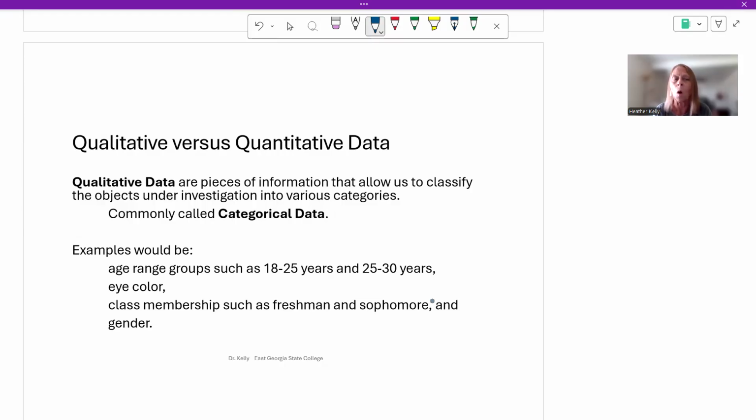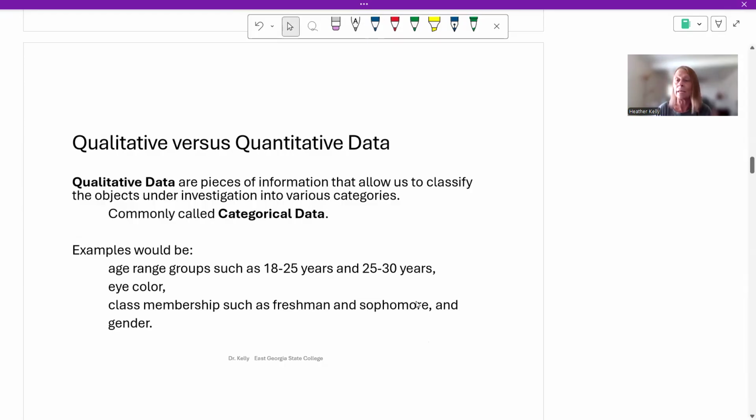These are qualitative things. These are not tangible numbers we could actually calculate. Favorite movie, the favorite color pen. These are qualitative data, and I wrote a few more here, like age ranges and class memberships in college and gender, all those things.